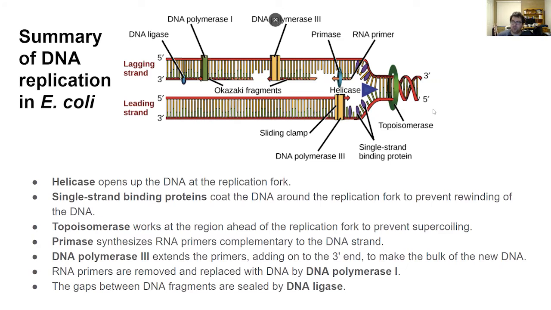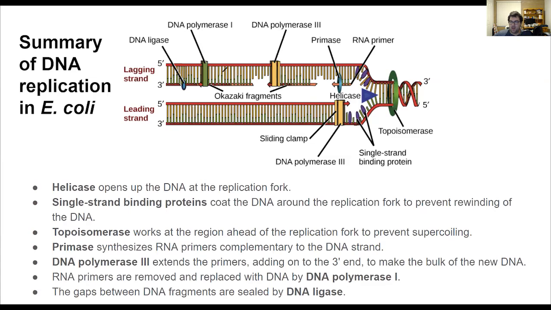And then if we take a look, I'll turn annotation back on. We have our primase, joining just here, and putting in some RNA bases to start the polymerase off.